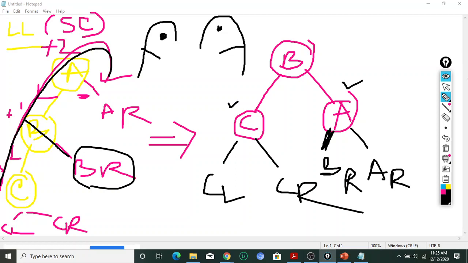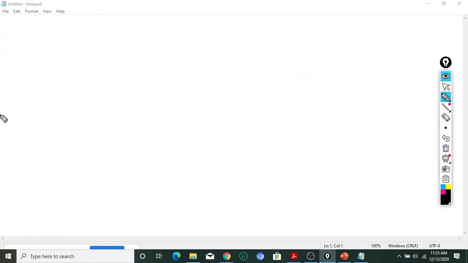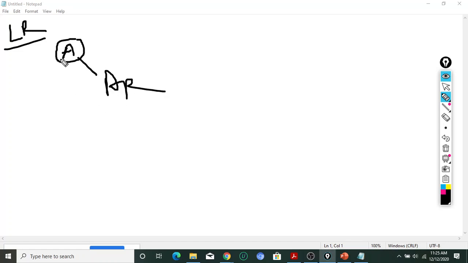So another one is the same thing, the LR special case, left right, which I just discussed. Suppose this is my node and it has a right child, for example AR, and you have another node that is B. Everything I am discussing is written in the class note.